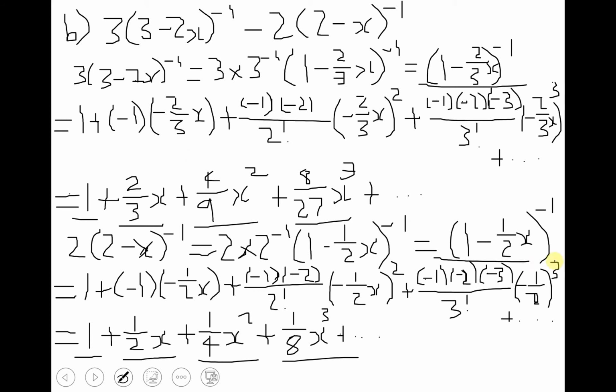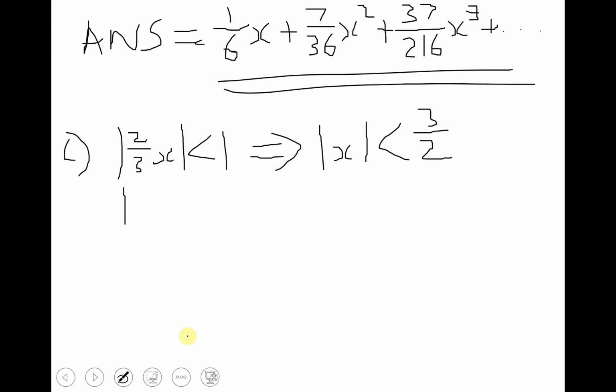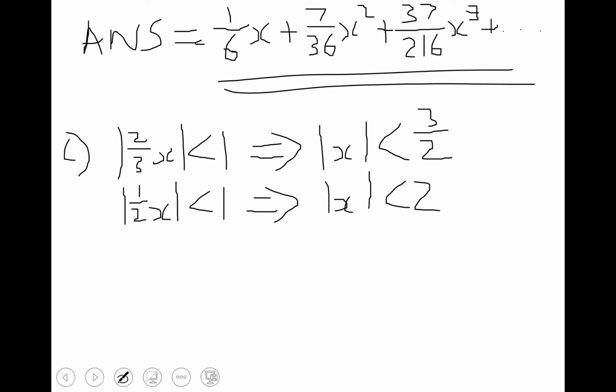We had to do the other expansion as well, the (1 minus a half x) to the minus 1. So the modulus of a half x has to be less than 1, which implies that the modulus of x is less than 2. So both these conditions have to be true at the same time.